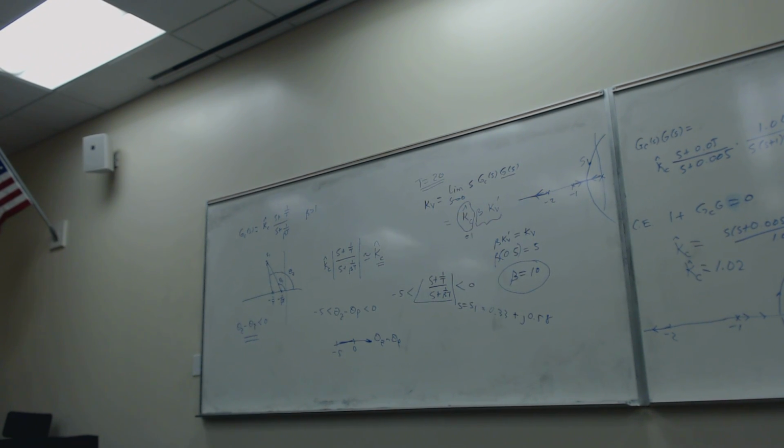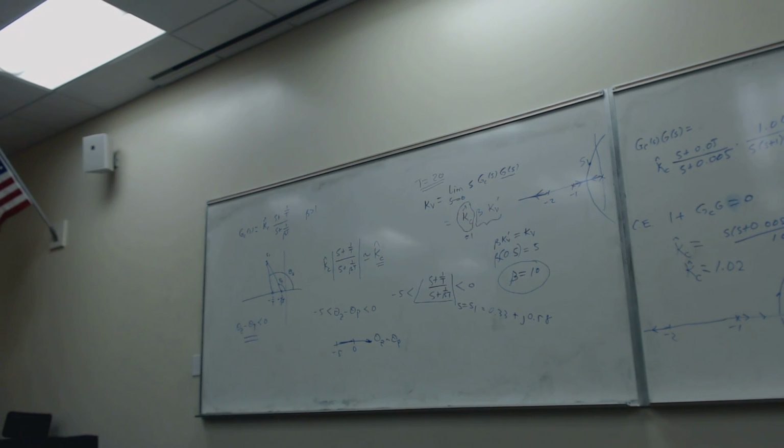With root locus, you have to be able to relate, for example, the damping ratio to a 7% overshoot.